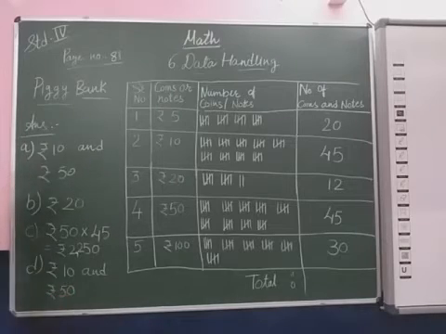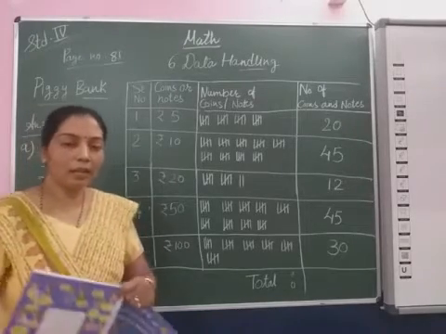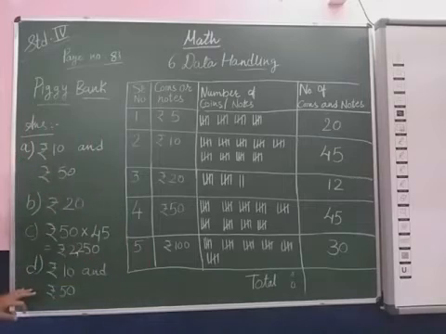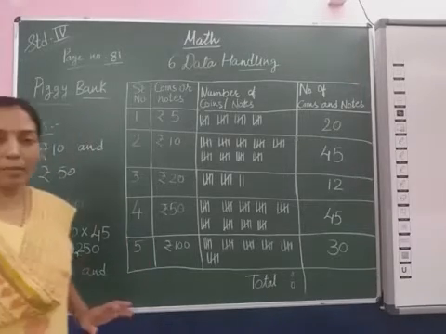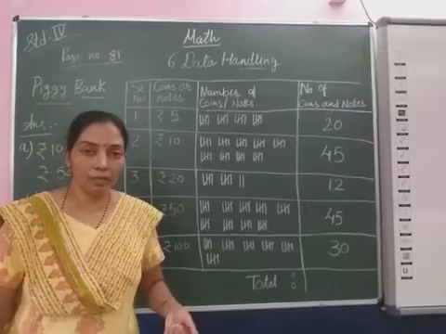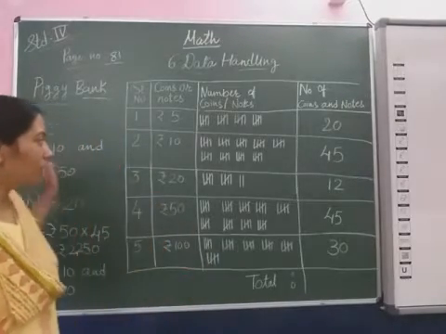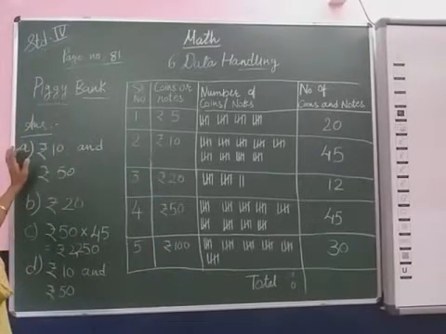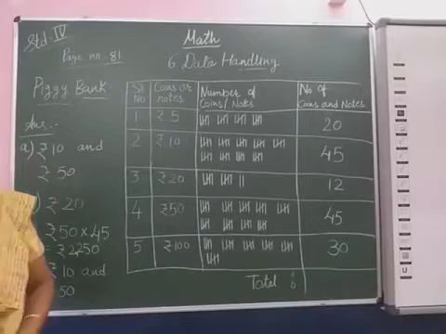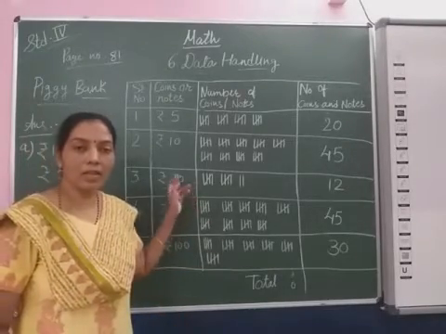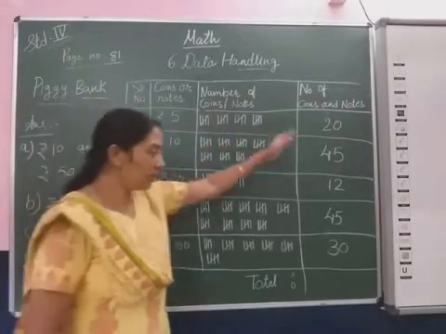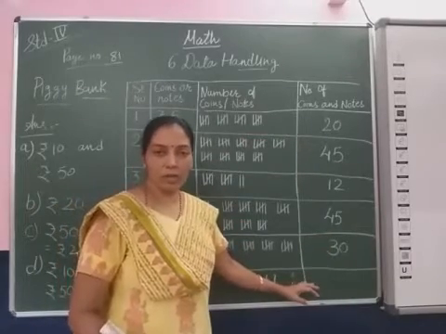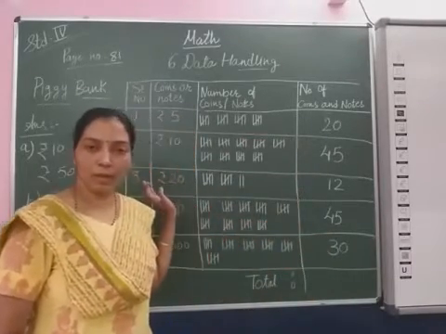Now students, you get the clear idea that here the answers to questions A and D are the same, but the questions are asked differently. Yes, in the first question A, it is asked which coin is highest in number, that is, the number of coins or notes found in this piggy bank.